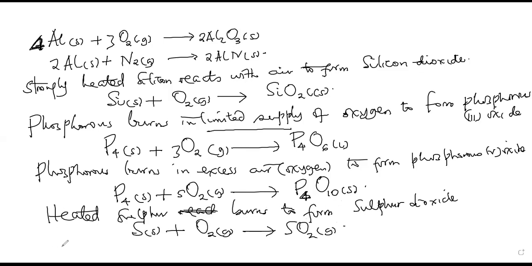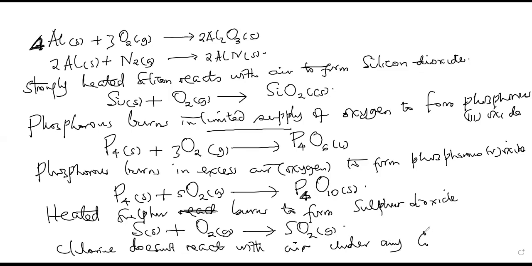Then you have to show that chlorine does not react with air, be it oxygen or any component of air, under any condition. So those details prove to us the reactions of period 3 elements with air.